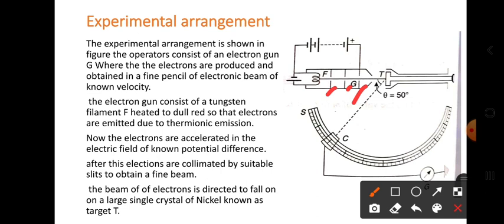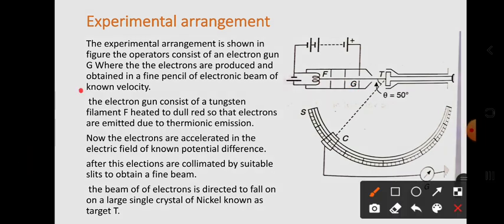By using those slits we can get a small line beam like this. These are generally called diaphragms or slits. They stop electrons which are coming in this direction, and allow the electrons which are moving in this direction to fall on the target.